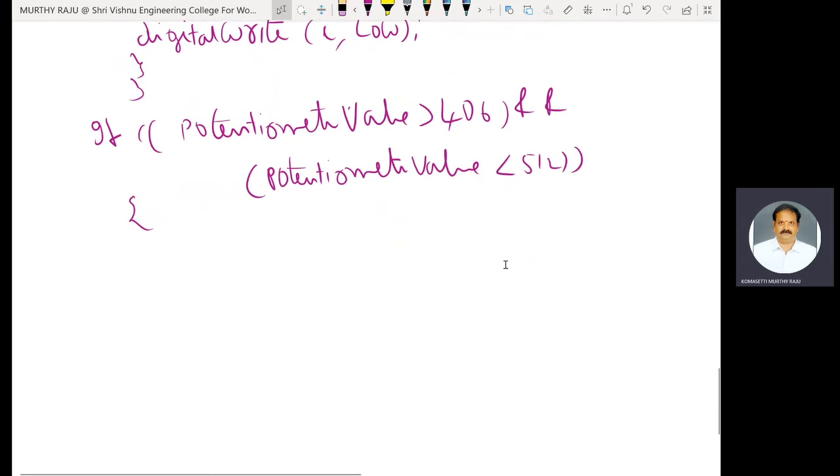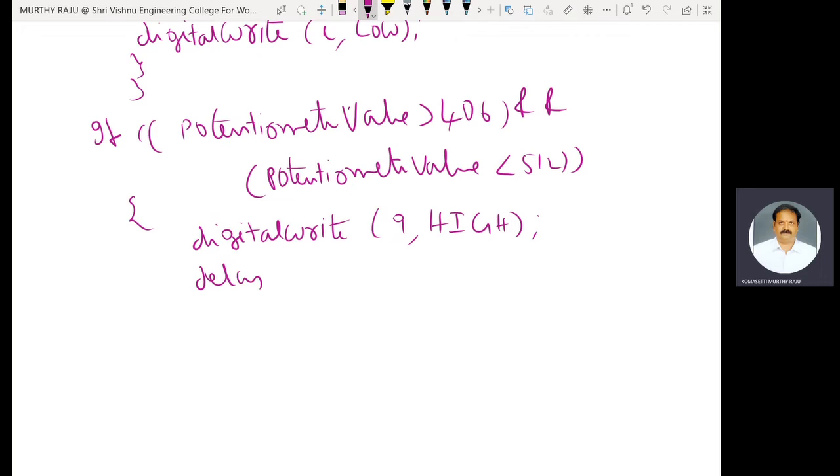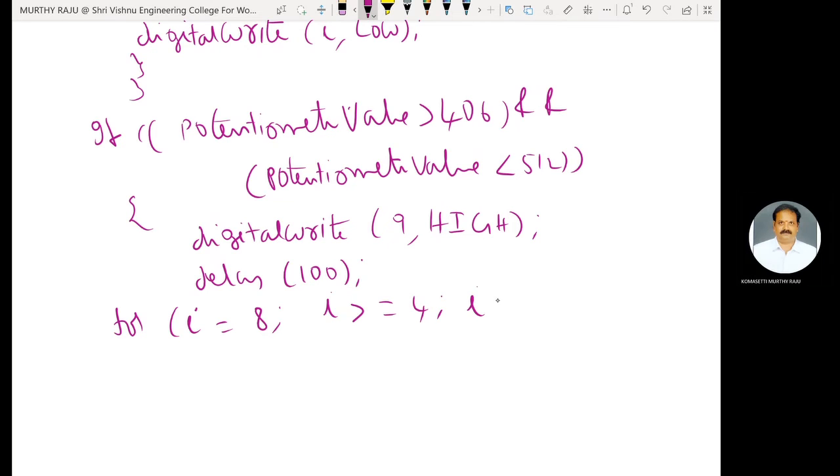Next the 5th LED, that means the 9th pin is assigned to the 5th LED. The 9th is high, the remaining are off. Delay 100 milliseconds. For I is equal to 8, I greater than or equal to 4, I minus minus, digital write, I low.